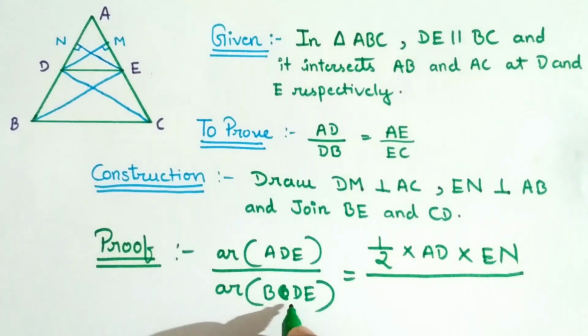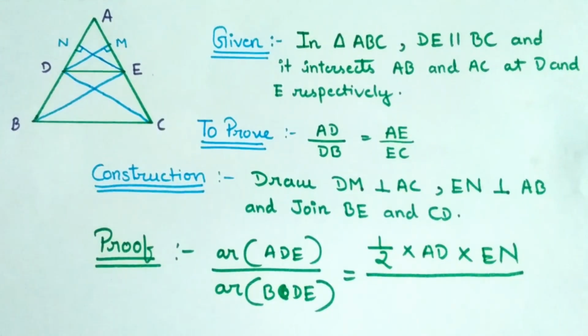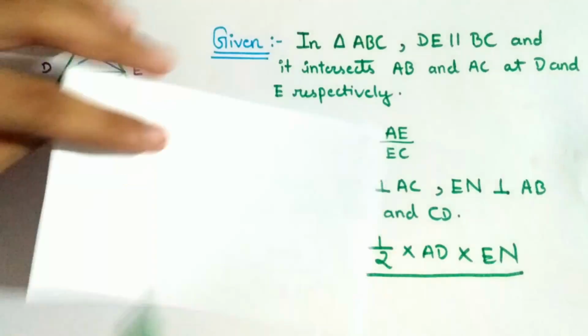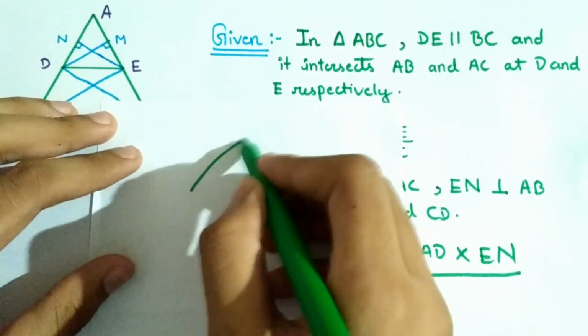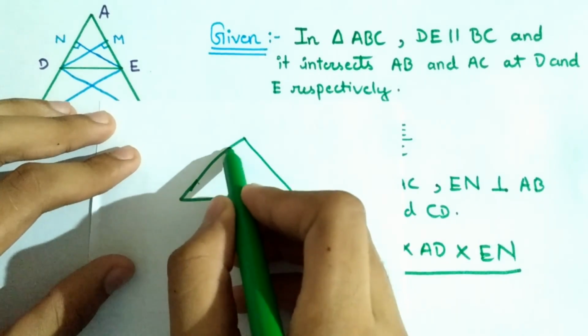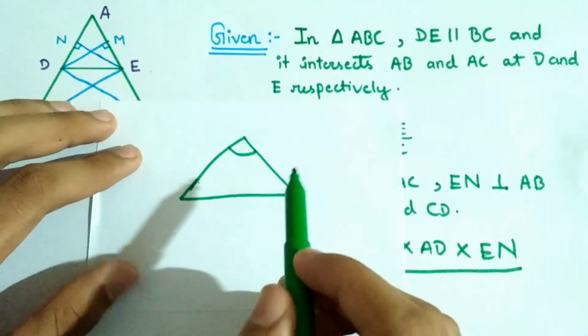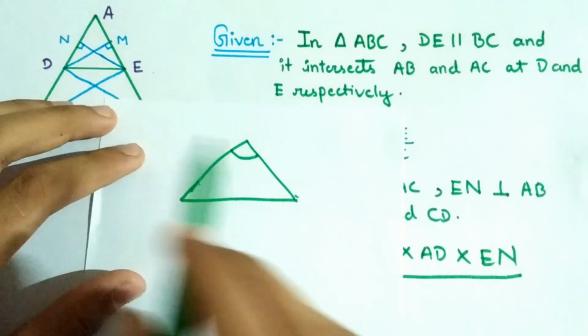Now guys, in the second triangle, you know, in an obtuse triangle, if this is the obtuse angle, then you cannot find the perpendicular directly inside.